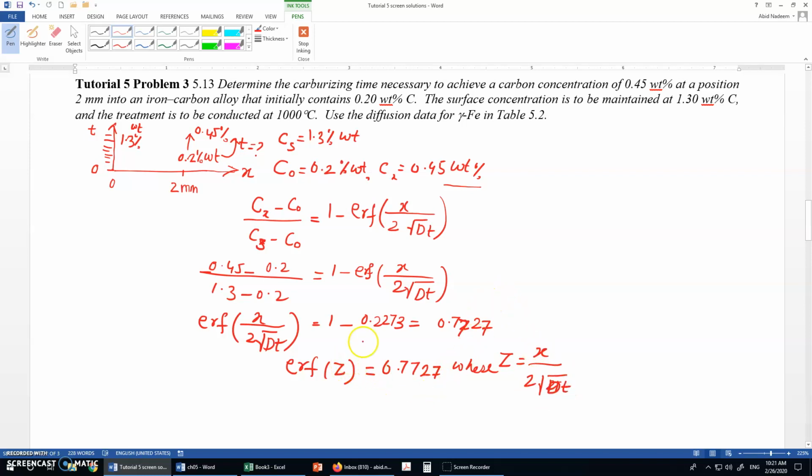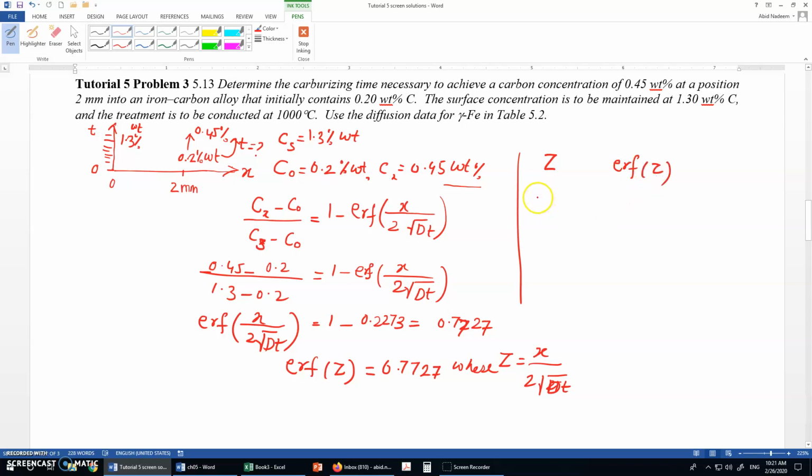So from the table we have the values for erf of z for various values of z, something like this.